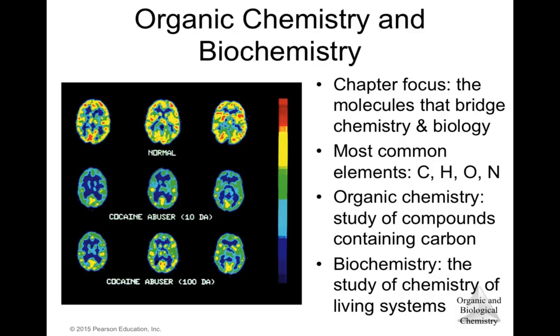Here on our left, we can see a PET scan of a human brain that shows glucose metabolism in a normal brain, and how this glucose metabolism is repressed due to the use of cocaine. We can see the metabolism in red and yellow, and how the use of cocaine represses that metabolism in the brain.